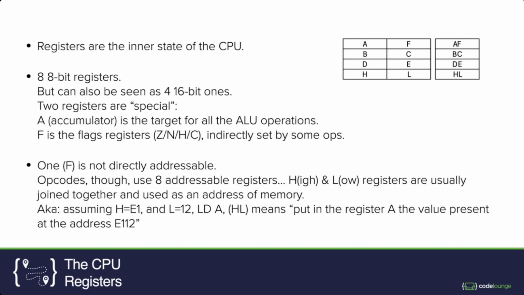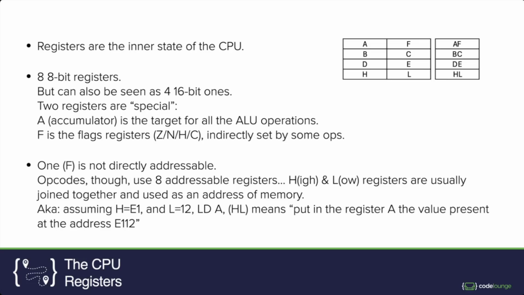Now, 2 of them are kind of special. Well, that's the usual accumulator, in which all kinds of arithmetic operations end up, and the flags. We have lots of flags, actually, in this device. 4 of them, of which we will use only 2, because the other 2 are used internally by a single opcode.